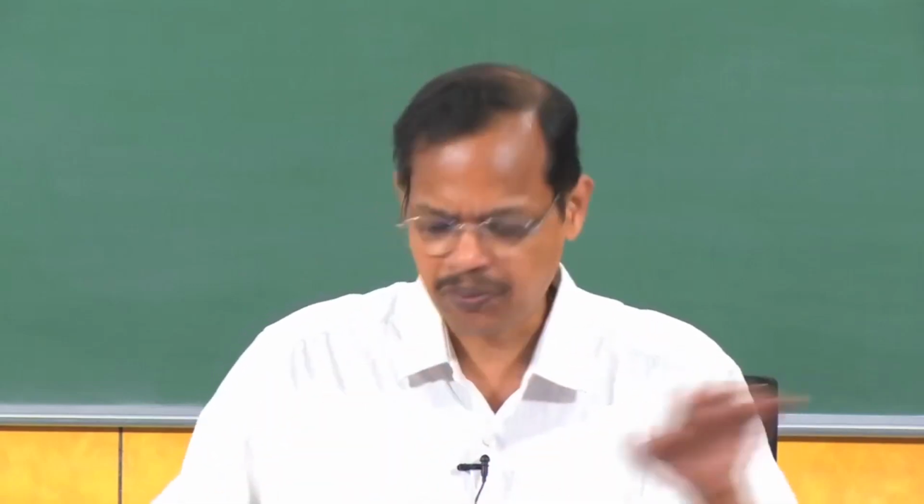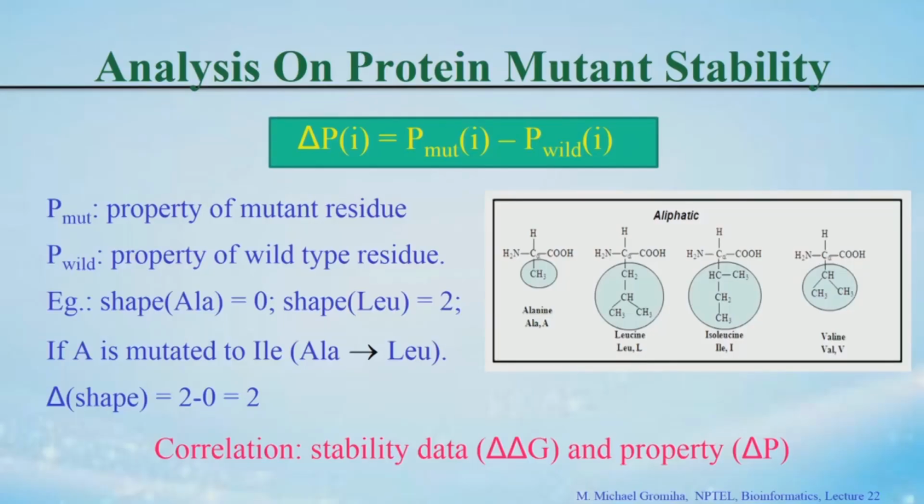Other side you have the experimental data. Now, how to relate the experimental data with these properties, for any property, for example, P. In this case you can take the difference in properties delta P of I, which is given as P mutant of I minus P wild of I. So, for example, P mutant is the property of the mutant residue and P wild is the property of the wild type residue.